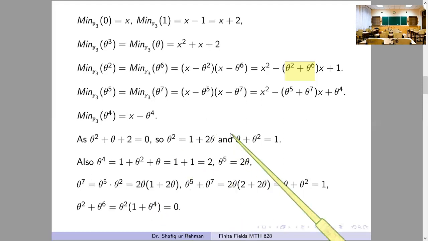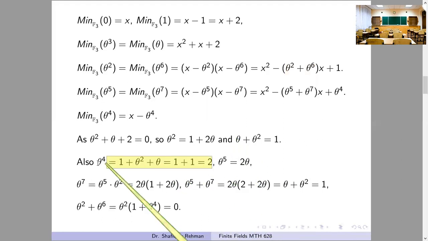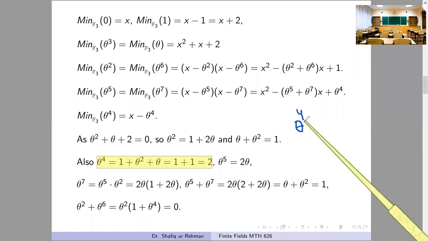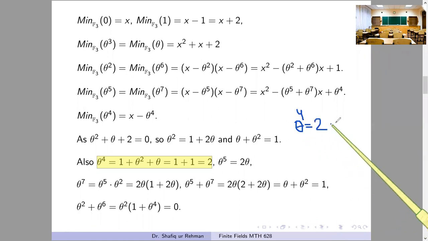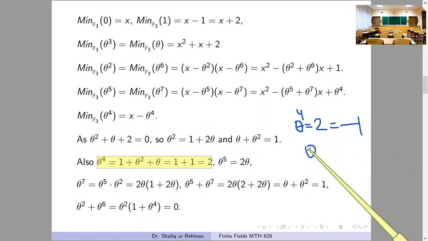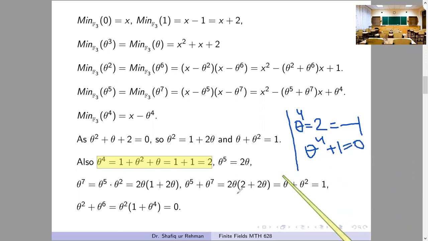And we know that theta power 4 equals 2, and 2 in fact equals -1, so it means theta power 4 plus 1 equals 0. Or the other method is the following: if we put the value of theta power 4 equals 2 here, we will get 1 plus 2 equals 3, and 3 is 0, so you will get 0.